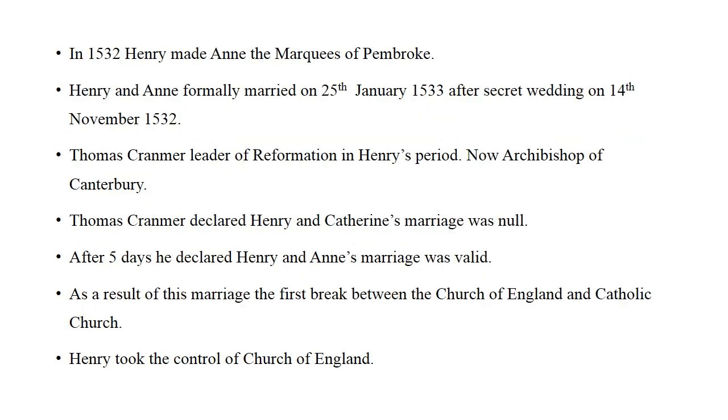In 1532, we see Henry made Anne the Marquess of Pembroke. Henry and Anne were formally married on 25th January 1533, but they had already had a secret wedding on 14th November 1532.